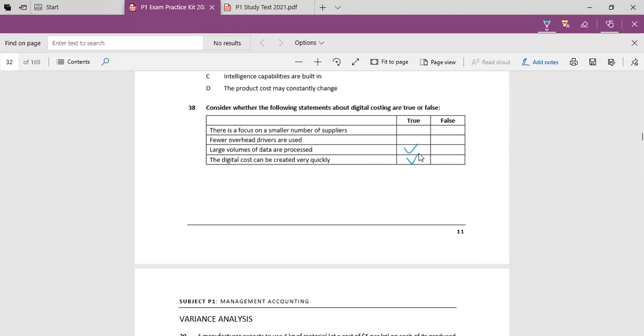There is a focus on a small number of suppliers. So is that talking about anything about suppliers, small number of suppliers?